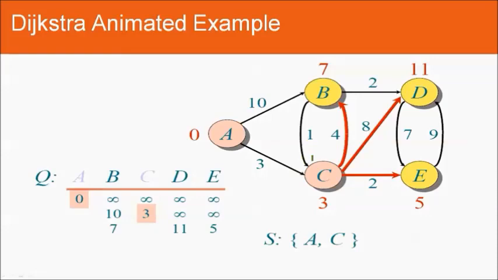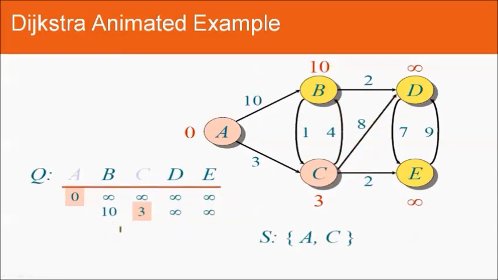Next, from vertex B, we have a value of 7. Let's check this one first. From A to C, we have 3, and from A to B, we have 10.